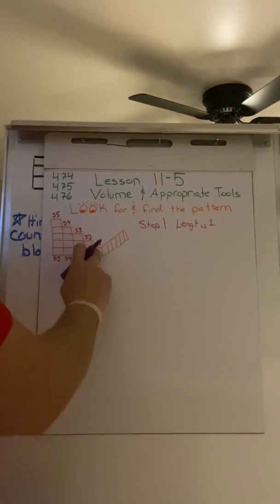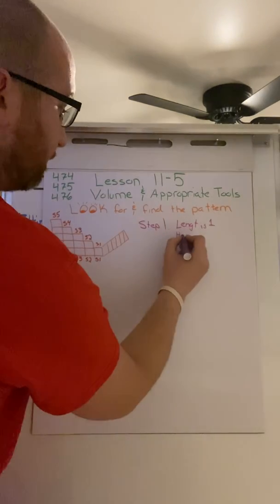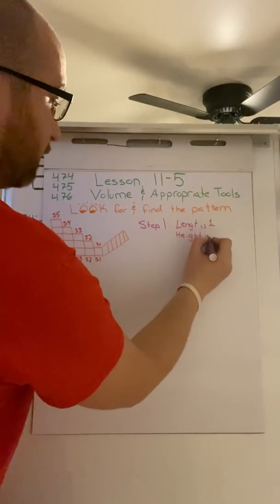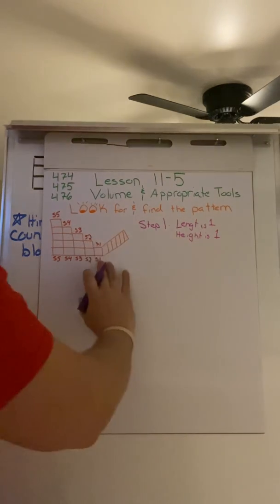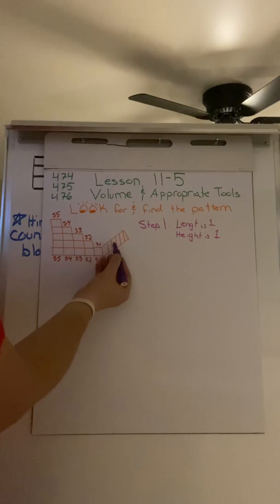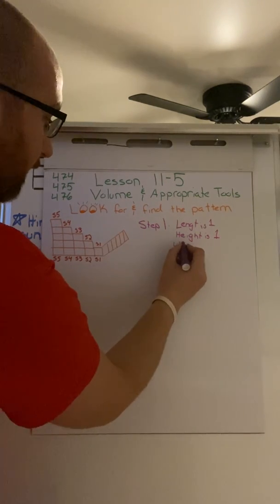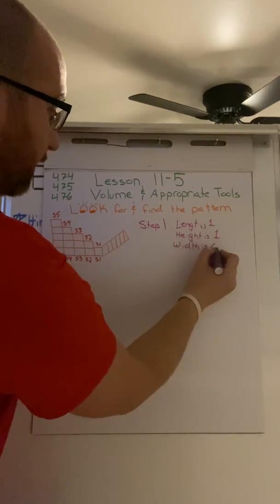My height, well, step 1, I'm only going up 1 step, so my height is 1. And then my width, all the steps are going back the same number, so we count, what's my width? 1, 2, 3, 4, 5, 6. So my width going back is 6.